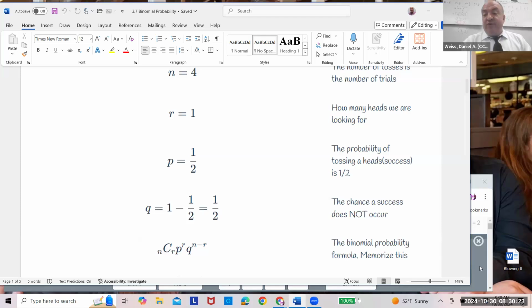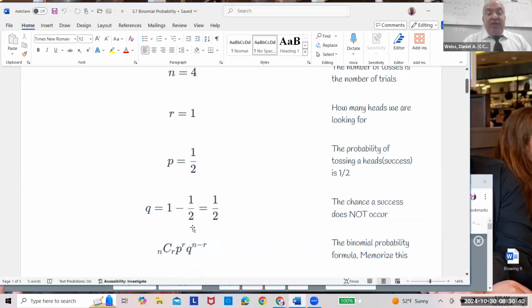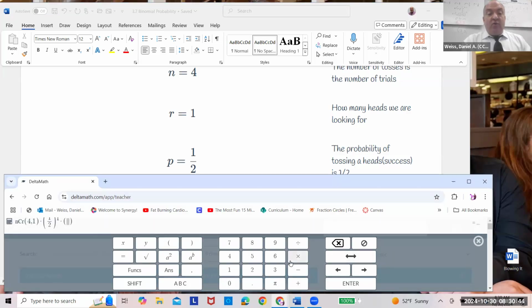So I'm going to do it to the first power. I'm going to click this A to the B key and do 1. Now I'm going to click to the right and hit times again, and parentheses again. Now I need Q. What's Q? Q is also 1/2. I'm going to do 1 divided by 2, close parentheses.